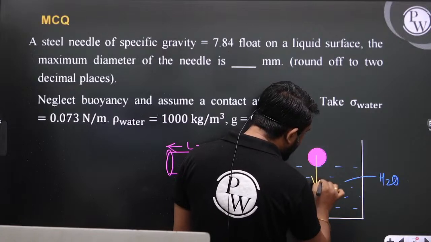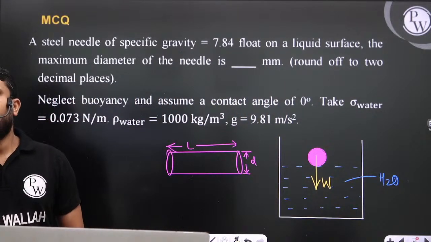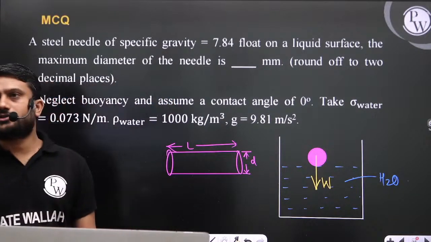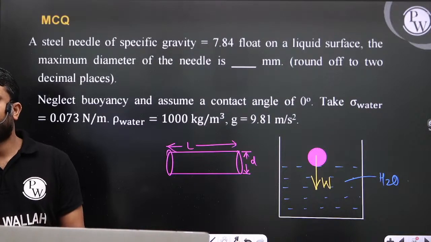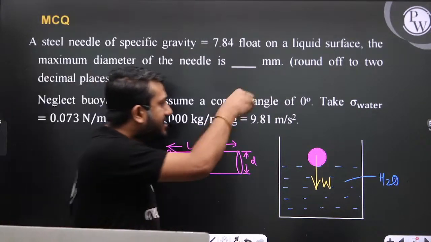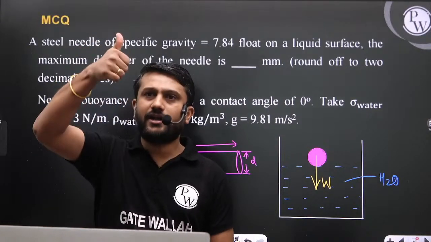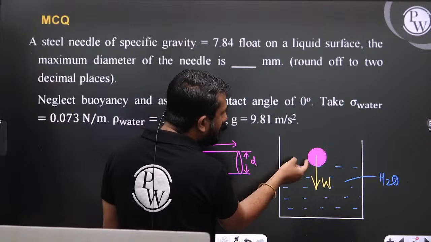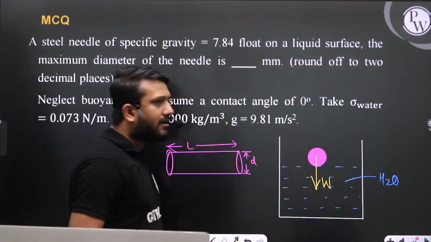So weight is W, acting downward. Beta, if your needle is floating on water, then definitely this weight is balanced by some forces. That weight is acting downward, so definitely some forces are acting upward. And since this needle is floating, this W is balanced by the vertical force.